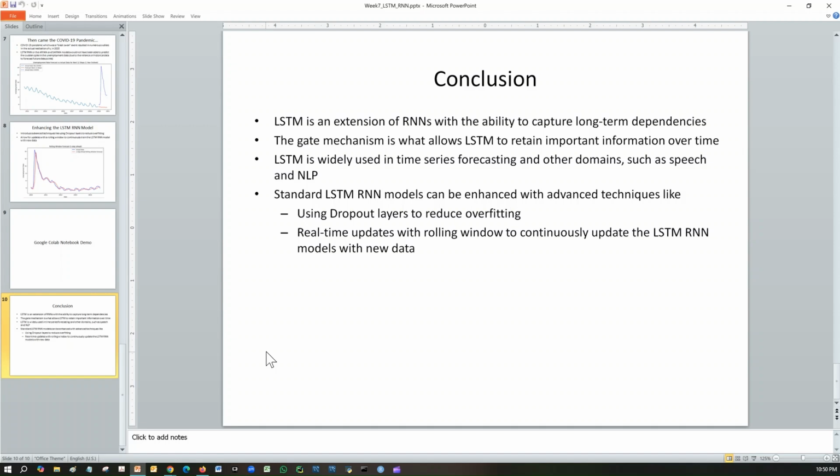Here we have two bullet points that we saw implemented in the code: the dropout layers to reduce overfitting, and using a rolling window to continuously update the LSTM model as a new data point comes in. So as it comes in, we use one time step ahead to retrain and do the forecast for the next one time step ahead.